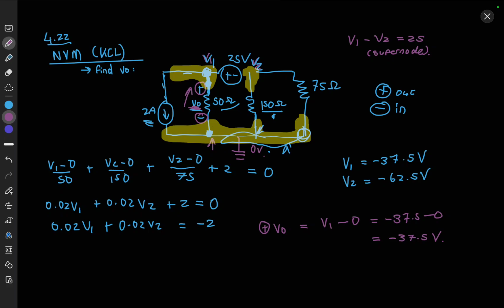So if you want to check, to find the power delivered by the 2 amp source, because that's actually what they asked in this question, they said use V0 to then find the power delivered by this 2 amp source. Then it's quite simple.